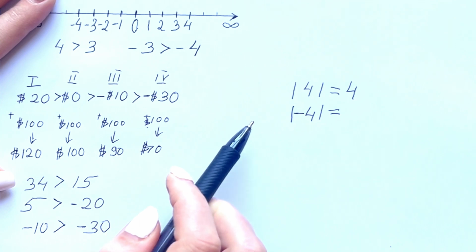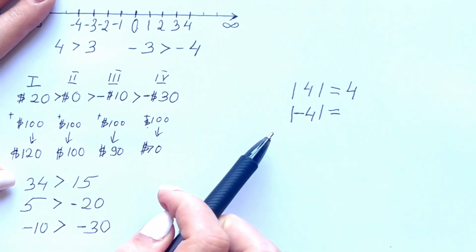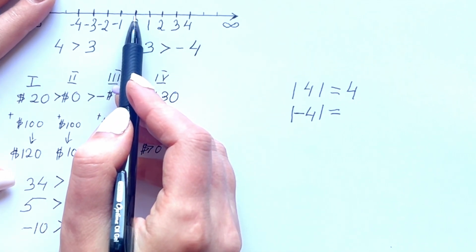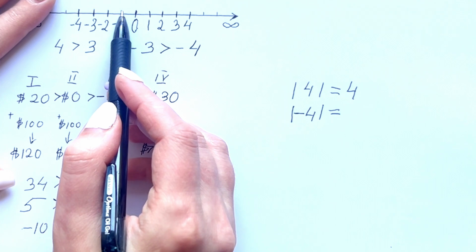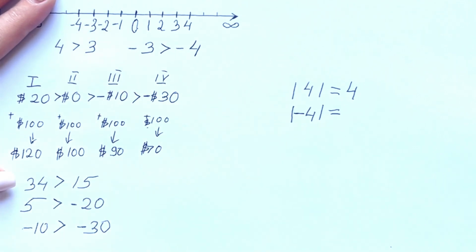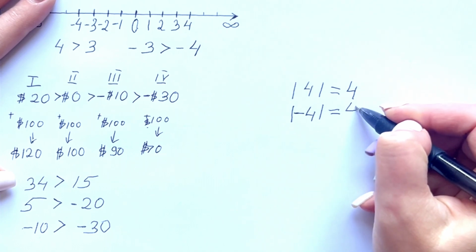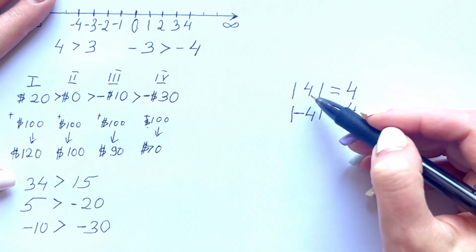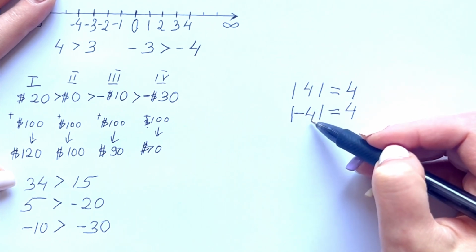You remember the absolute value of a number is its distance from 0. From 0, the distance to negative 4. Let's see how many units. 1, 2, 3, 4. Again, 4. Okay, so it doesn't matter if it's negative or positive.